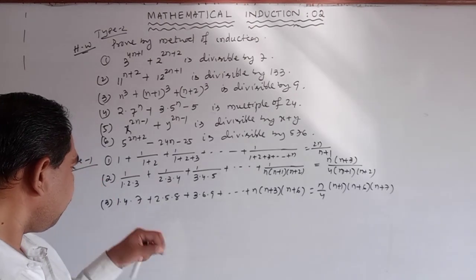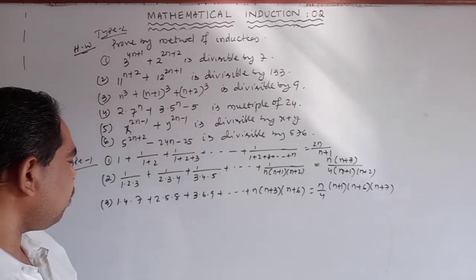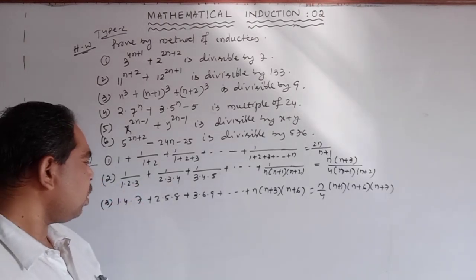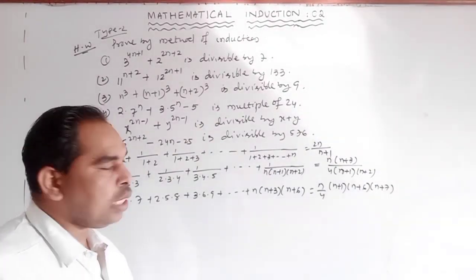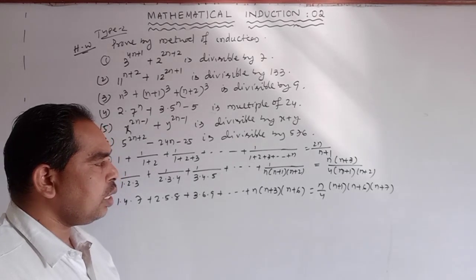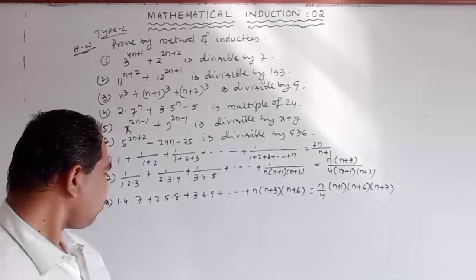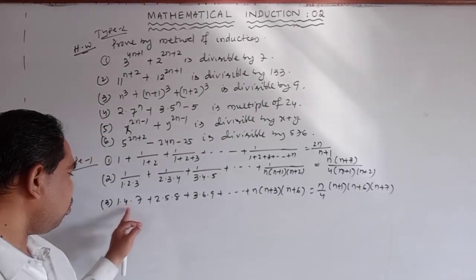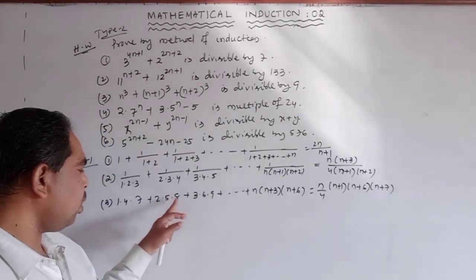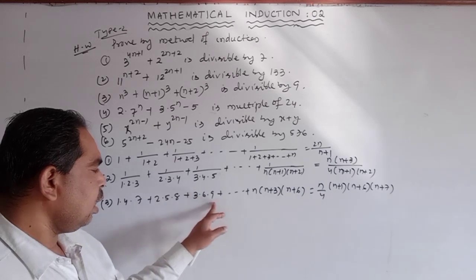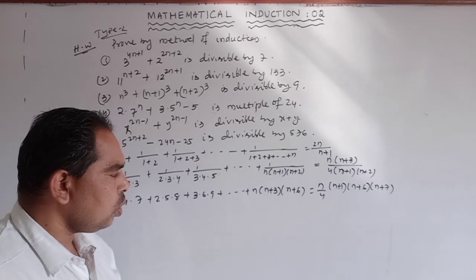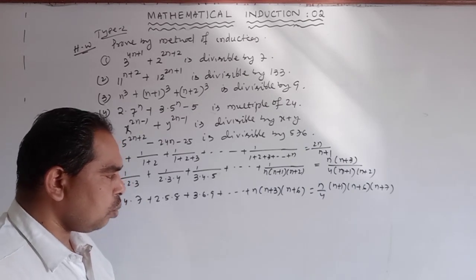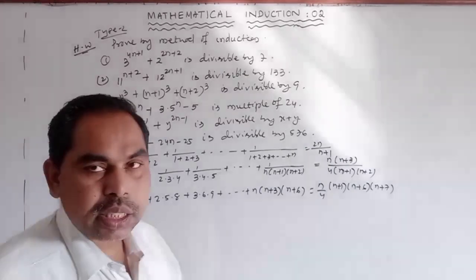Next, 2: 1 by 1 into 2 into 3 plus 1 by 2 into 3 into 4 plus 1 by 3 into 4 into 5 plus dot dot plus 1 by n into n plus 1 into n plus 2 is equal to n into n plus 3 divided by 4 into n plus 1 into n plus 2. Last one: 1 into 4 into 7 plus 2 into 5 into 8 plus 3 into 6 into 9 plus dot dot plus n into n plus 3 into n plus 6 is equal to n by 4 into n plus 1 into n plus 6 into n plus 7.